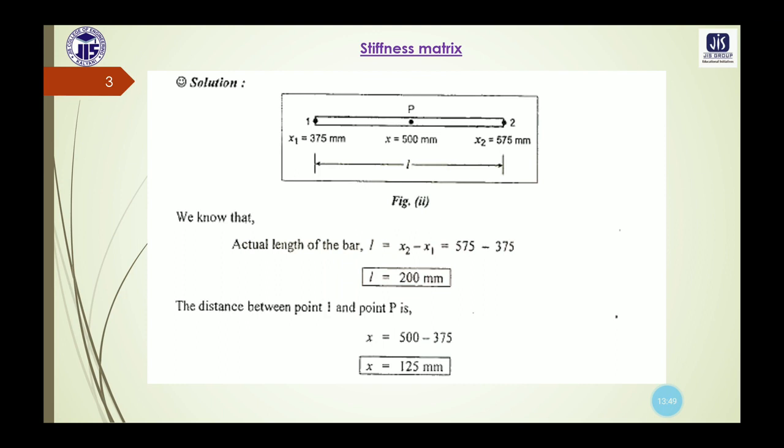So the actual length of the bar is 200 millimeter. Next we have to calculate the distance between point 1 and the point P, which is 500 minus 375, so the value is actually 125 millimeter.